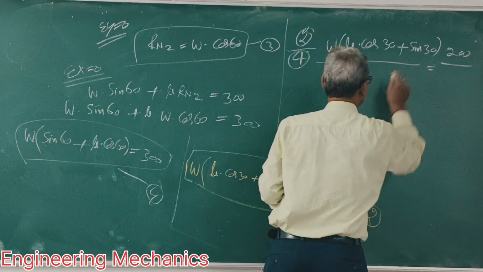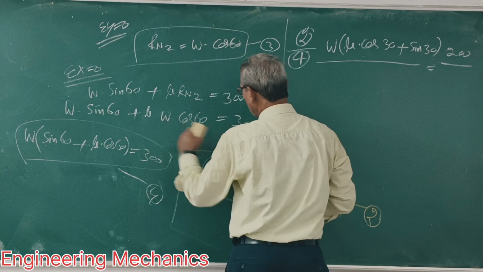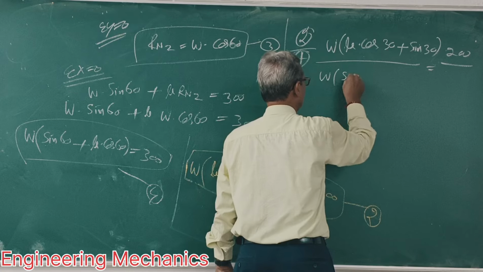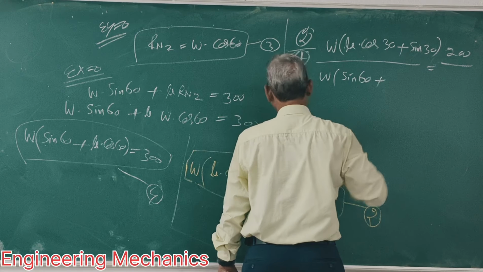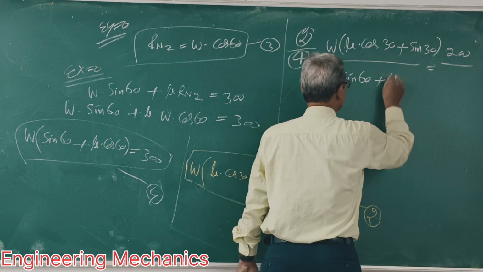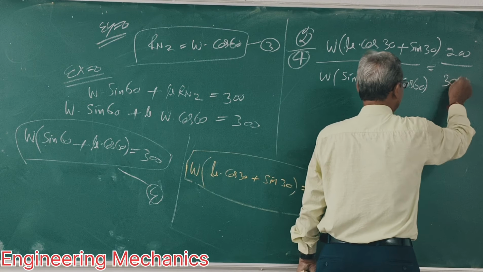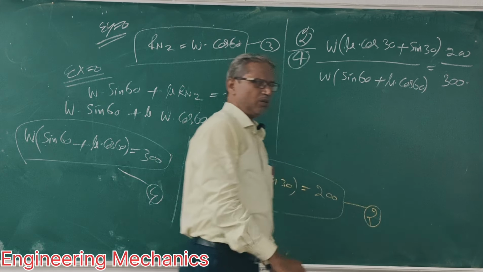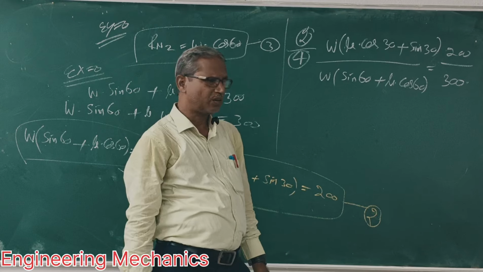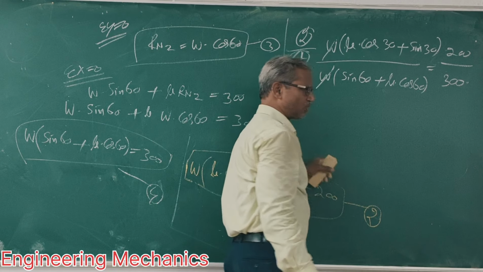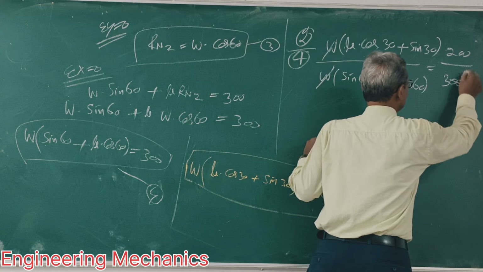By W into sin 60 plus mu cos 60. This is 300. Clear? Now W cancels each other, upper side, lower side. 0, 0 also cancels.